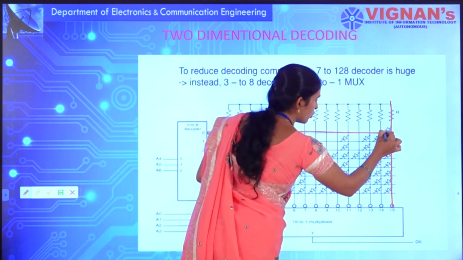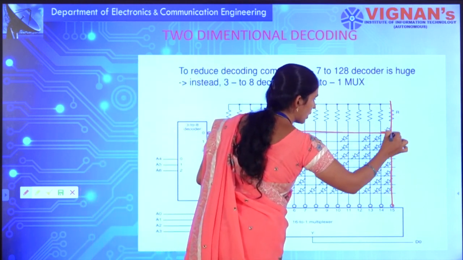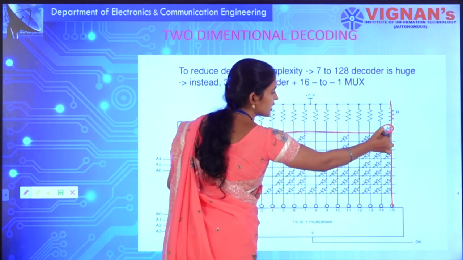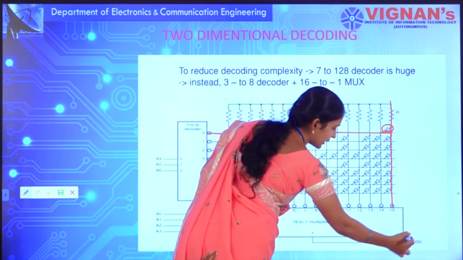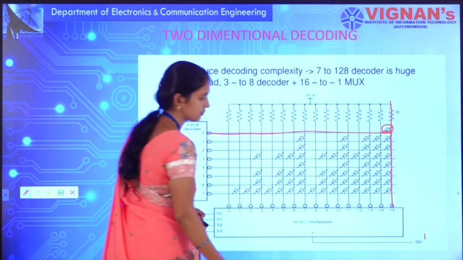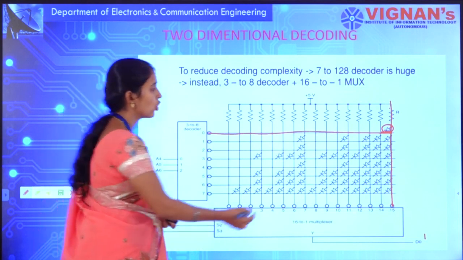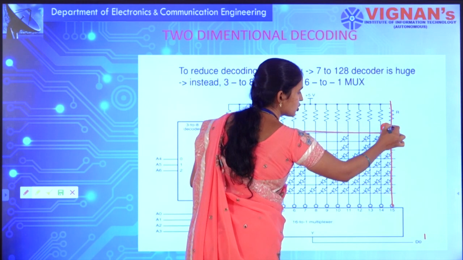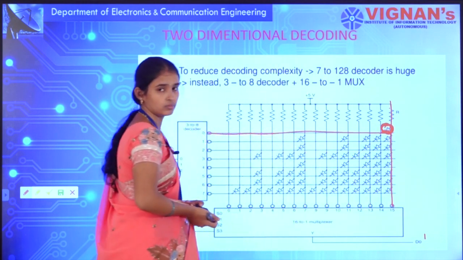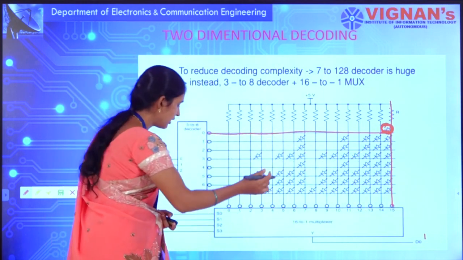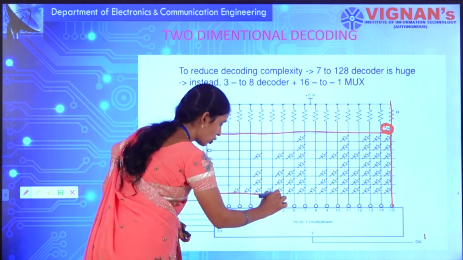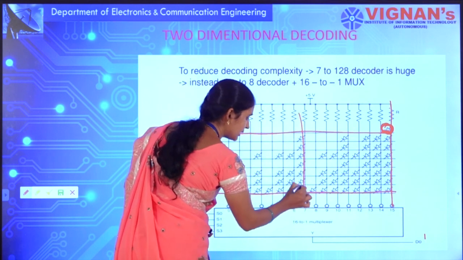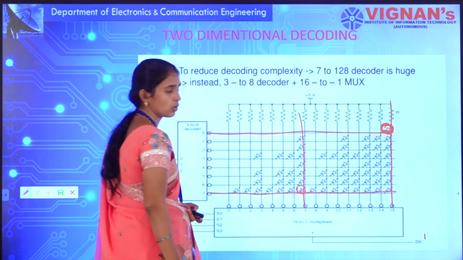If this row and column intersect, and there is a diode, this diode pulls the bit line low, and you will get output D0 as 1. That means only this particular cell, whatever data is stored here, you will get out. In the same way, if this row is high and this column is high, whatever data is stored here, you will get at the output.